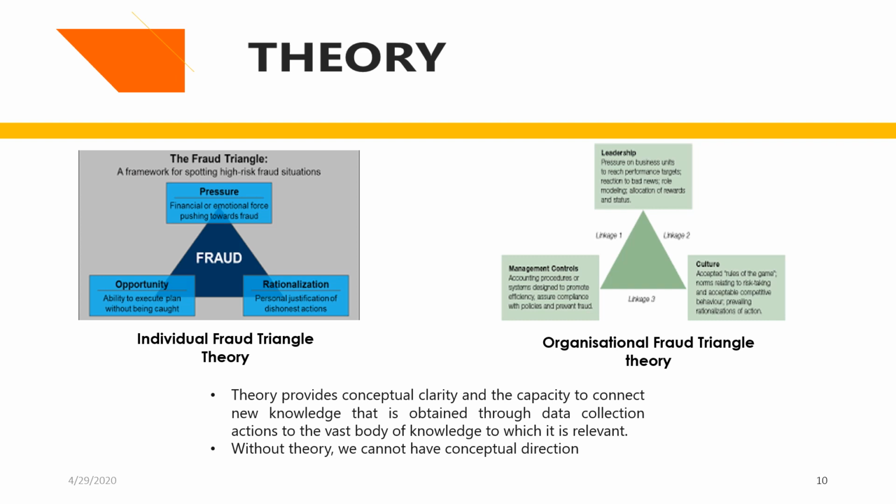These two theories explain the same thing, why fraud occurs, but the first theory tries to understand why fraud occurs using individual level factors. Whereas on your right hand side, it looks at what the organizational factors are that contribute to fraud.